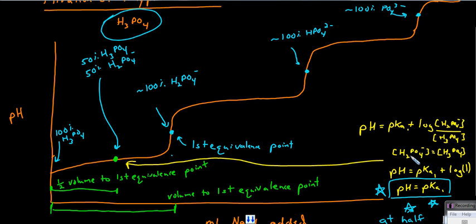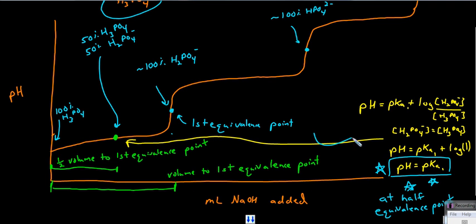So the concentration of the dihydrogen phosphate over phosphoric acid is 1 because they are equal in concentration, and the log of 1 is 0. And so at this half equivalence point, the pH is equal to the pKa for that first dissociation.